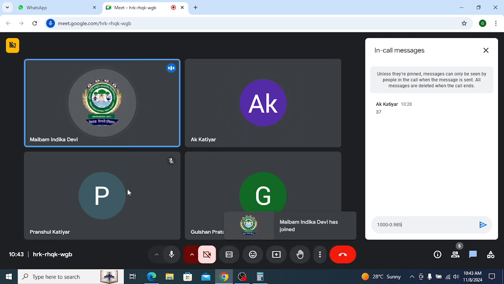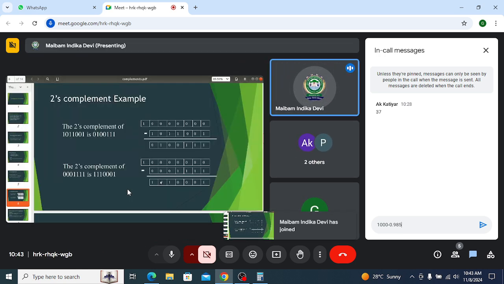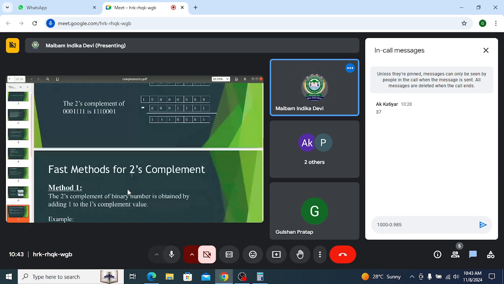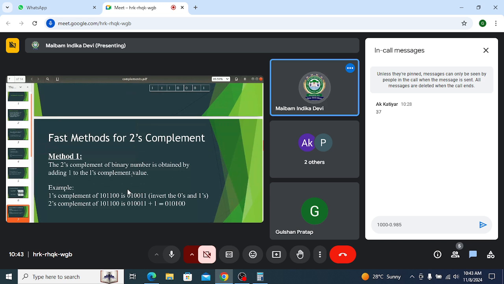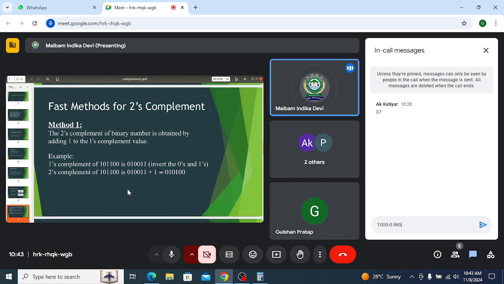We have done up to R's complement, that is 10's complement, 2's complement. You can even find 8's complement, hexadecimal, 16's complement and so on for any base. But for our syllabus, we will be focusing only on ten's complement and two's complement. Now we have a quicker or shortcut method for finding two's complement. So let's see how you find it easily.